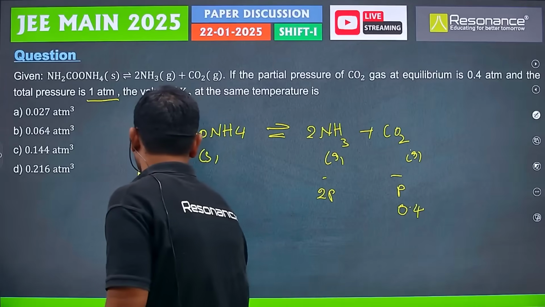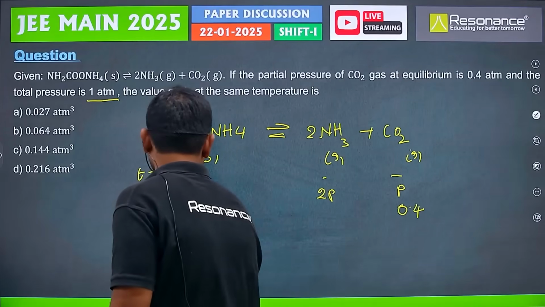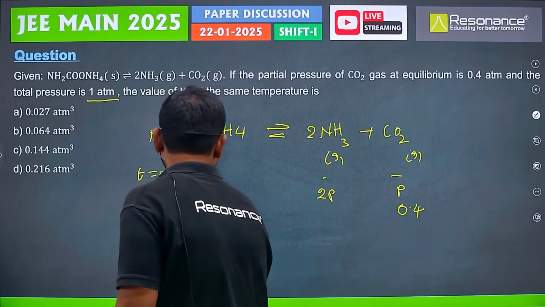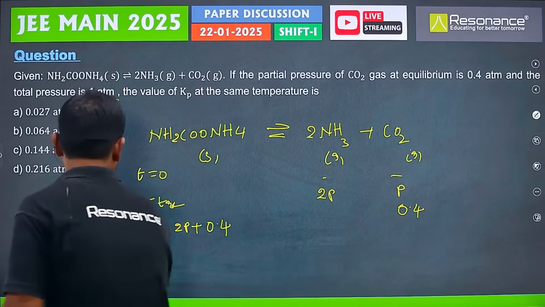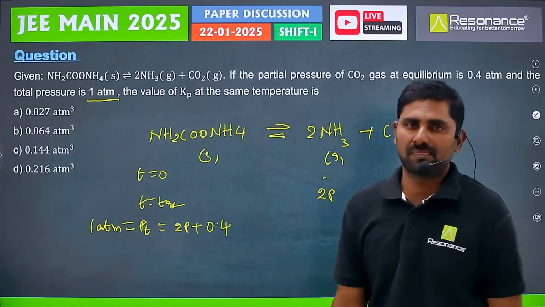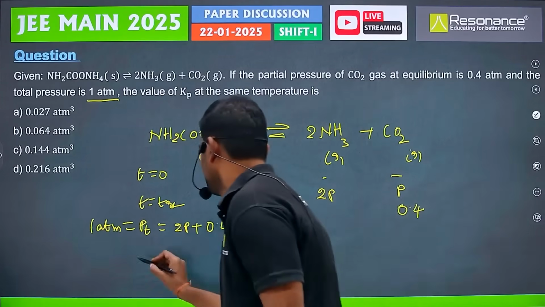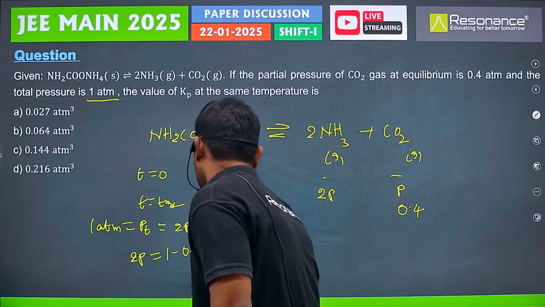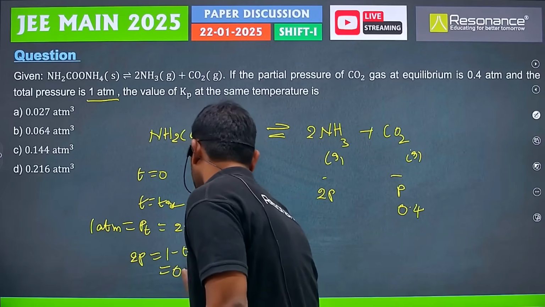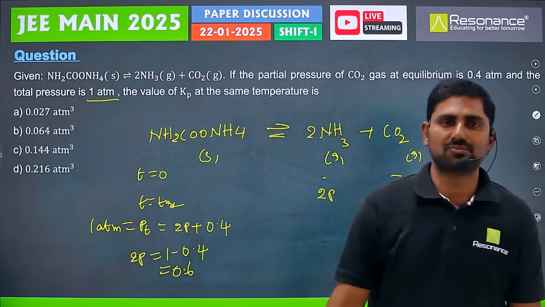So P total equal to 2P plus CO2, that is 0.4, equal to 1 atm. Then find the 2P value. 2P equal to 1 minus 0.4. How much will we get? 0.6. This is the 2P value.